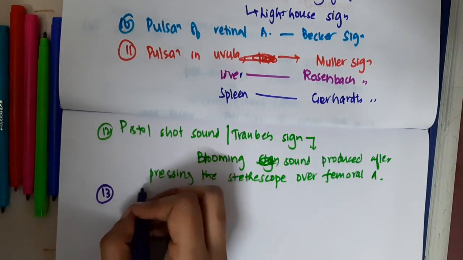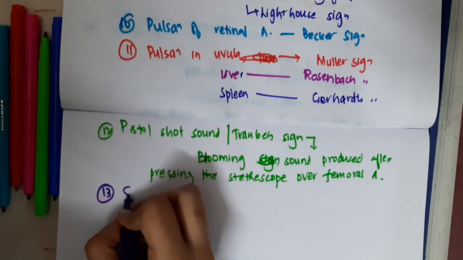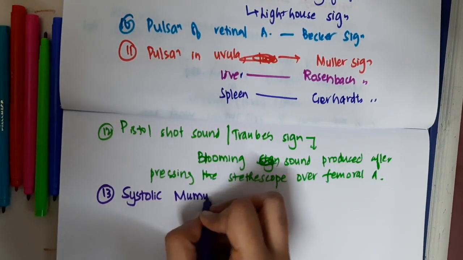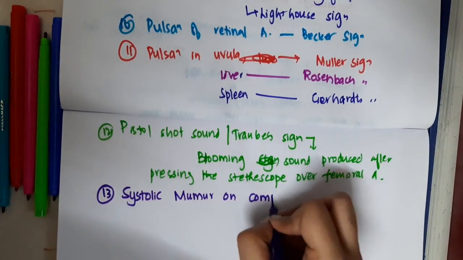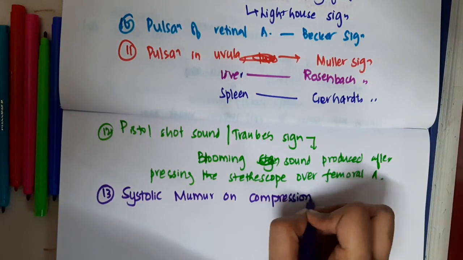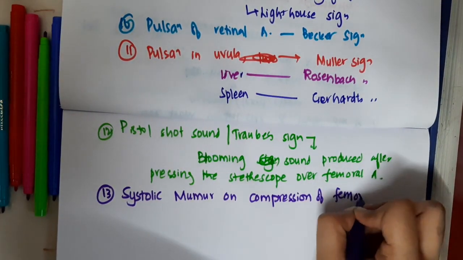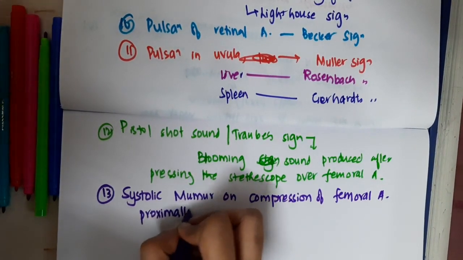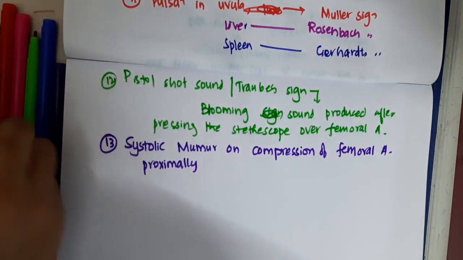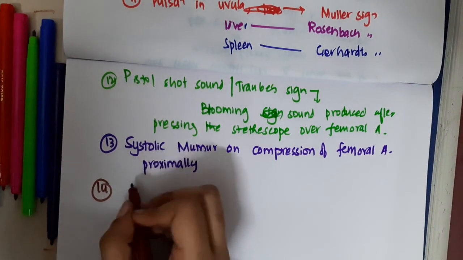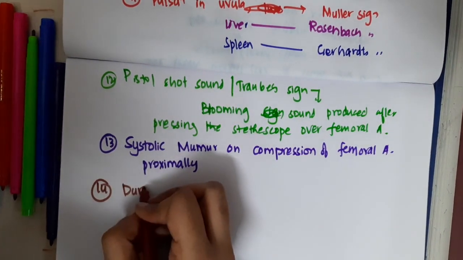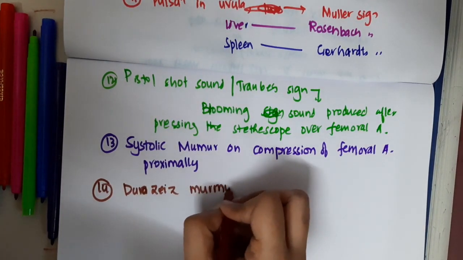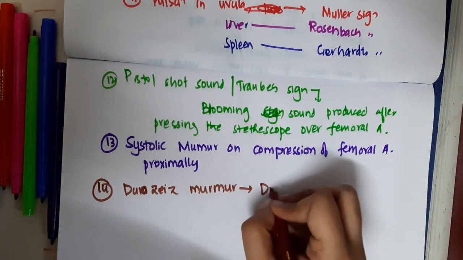Then 13, you can also hear a systolic murmur on compression of the femoral artery proximally. Then 14th, we have Duroziez's sign. What is Duroziez's murmur? It is the diastolic murmur.